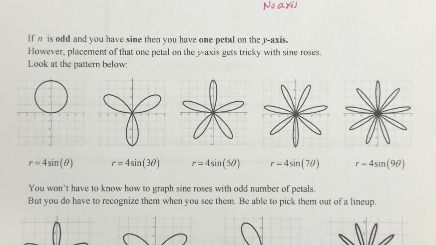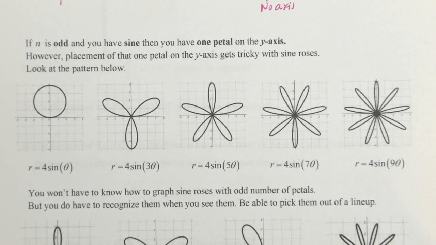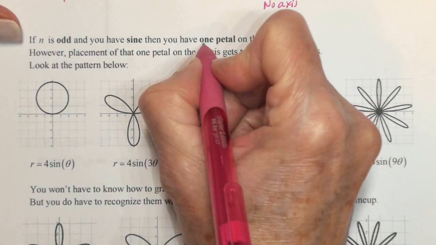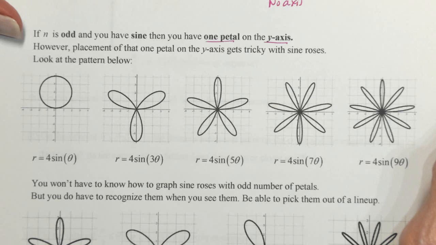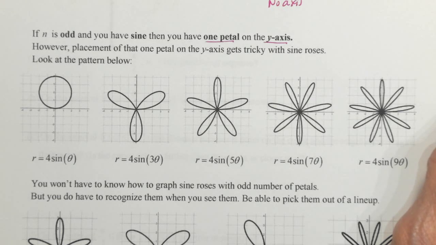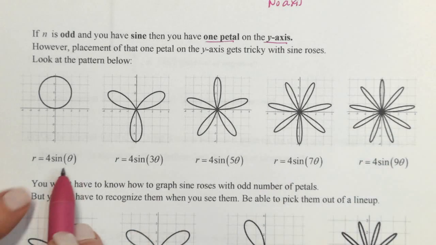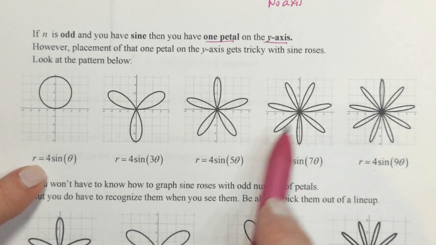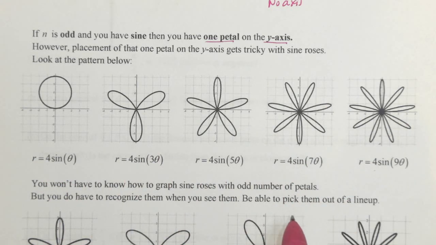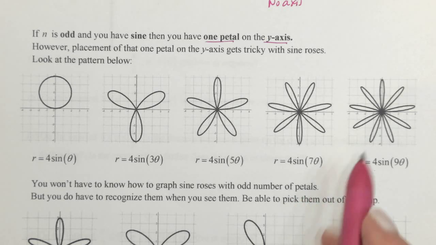If n is odd and you have sine, then you do have one petal on the y-axis. But the placement of that one petal gets tricky. Notice, each of these is positive. But do you have a petal on the positive y-axis? No, not every time. Okay, it gets tricky.